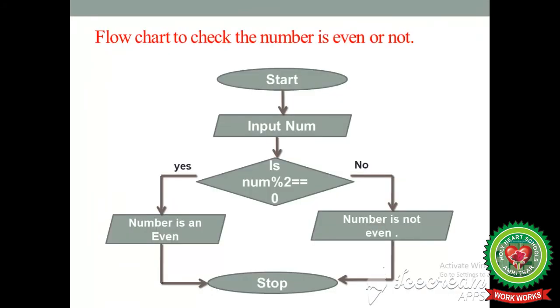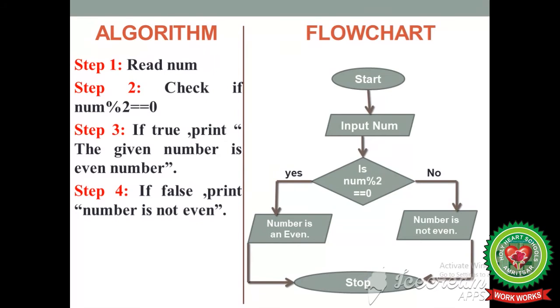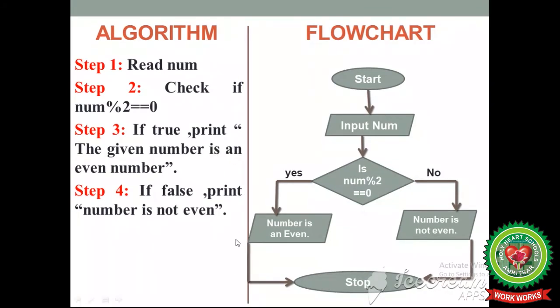Next, this is a flow chart to check whether the number is even or not. So now I am going to correlate this algorithm with this flow chart. Start the flow chart with the start stop symbol and write start. Then draw a flow line to connect with the next box.